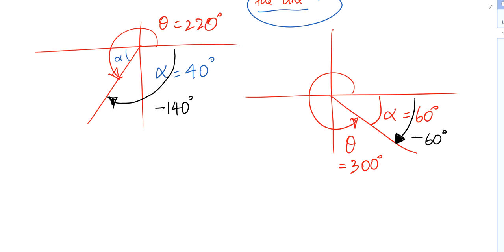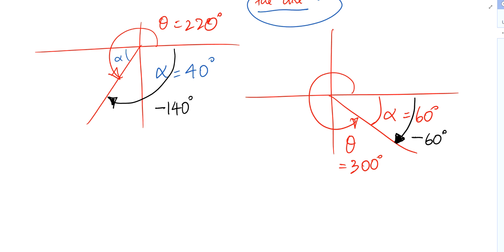Because I know this is 220, this must be 360 minus 220, which is 140. Okay, so far so good? Then what is the basic angle in this question? It must be acute. It must make an angle with the x-axis and the line. So what is it? Still 40.